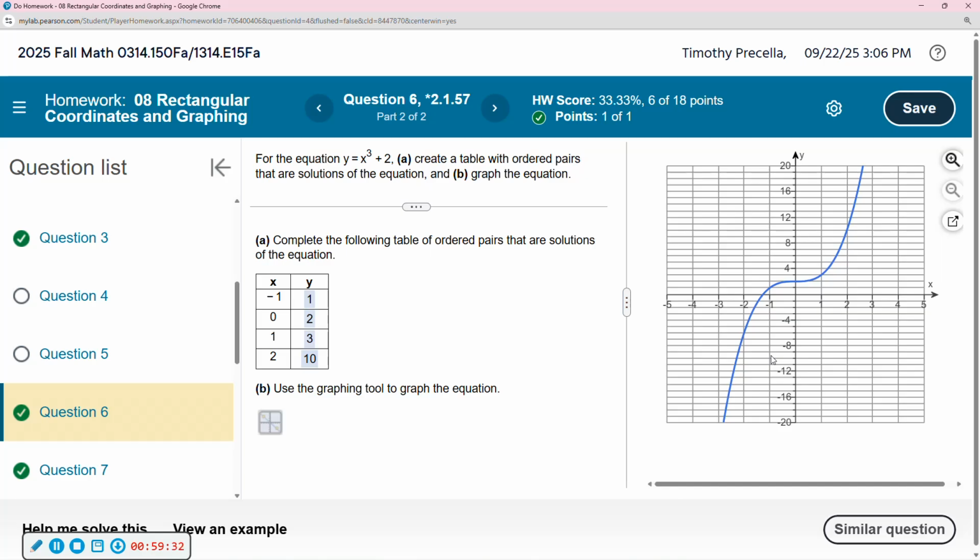Yes, you got to plug in a number for x, and that'll give you the y value. So there's no way around it. Plug in some numbers for x.